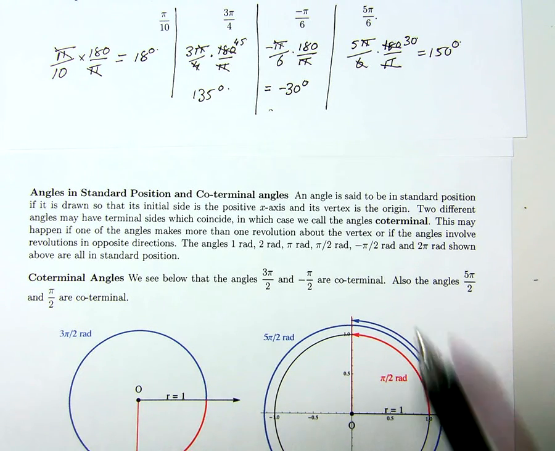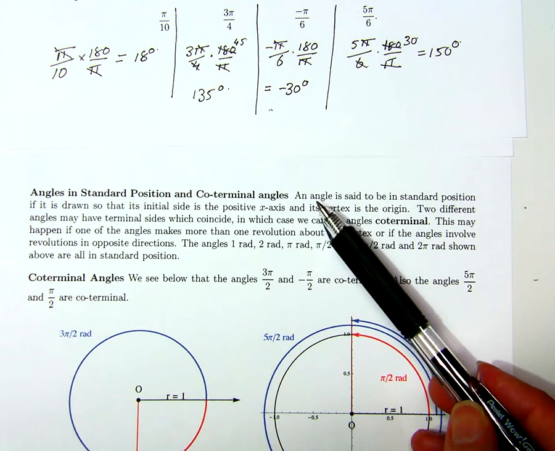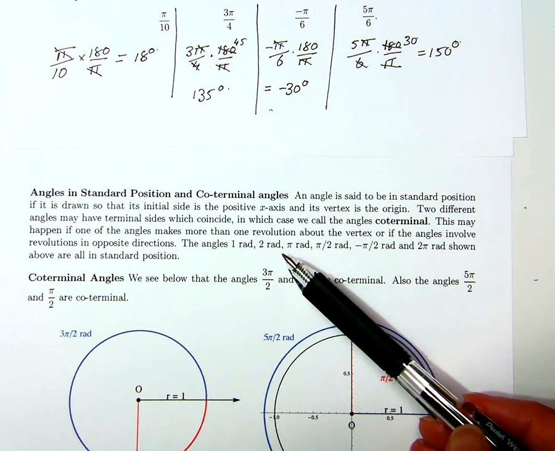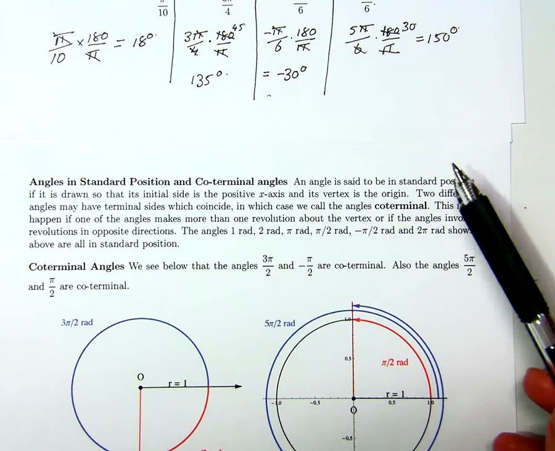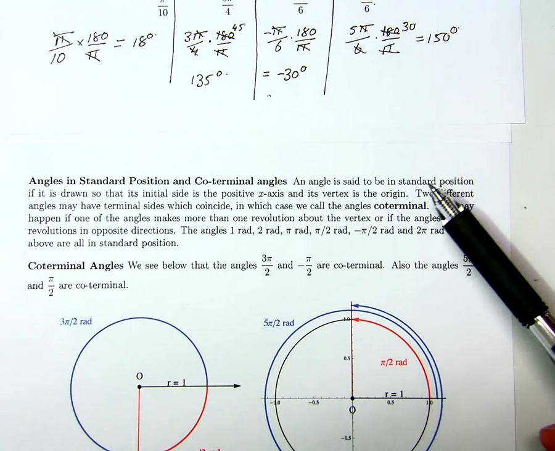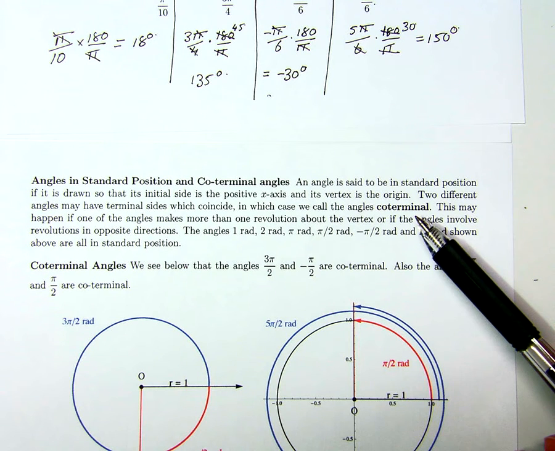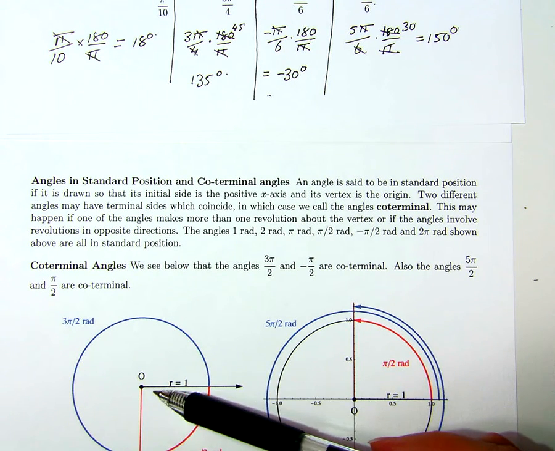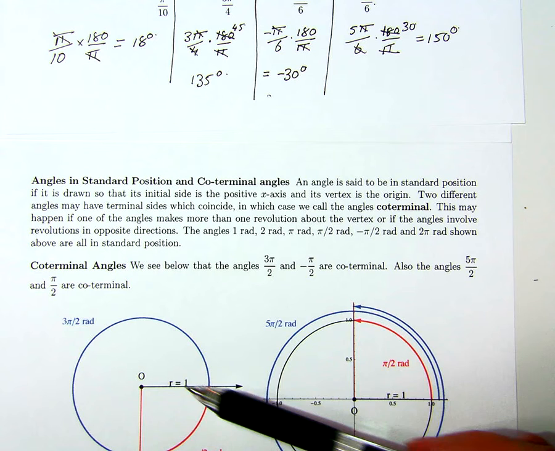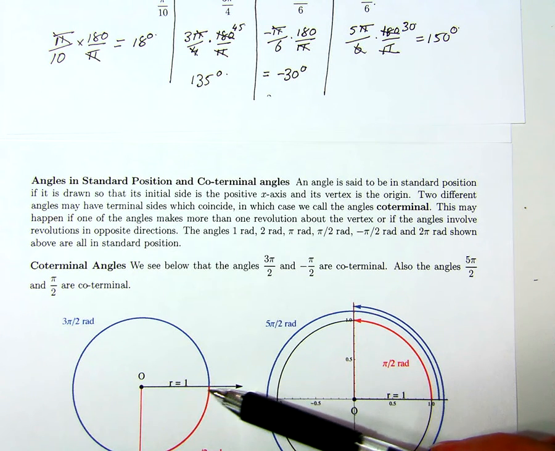We also need to think about angles which are larger than 2 pi radians. An angle is said to be in standard position if it's drawn so that its initial side is the positive x-axis and its vertex is the origin.